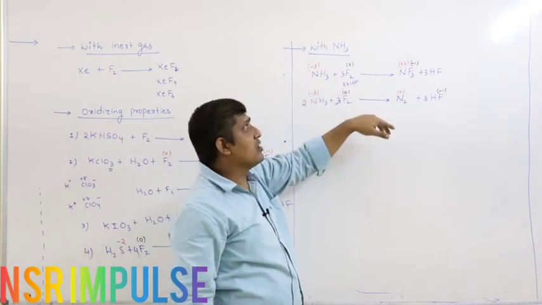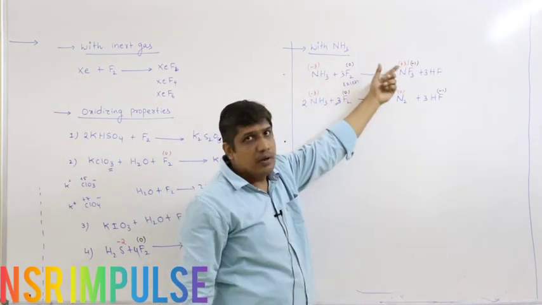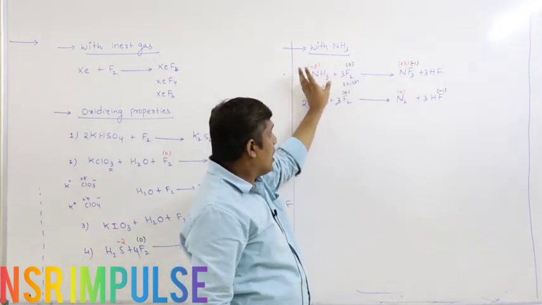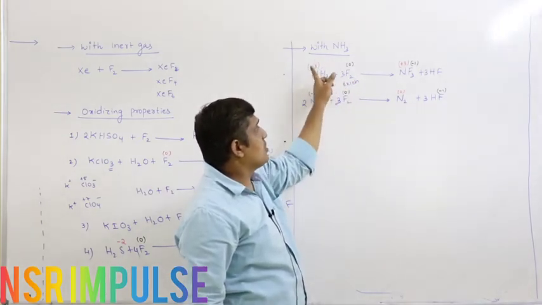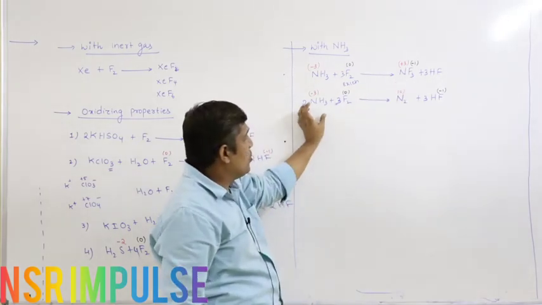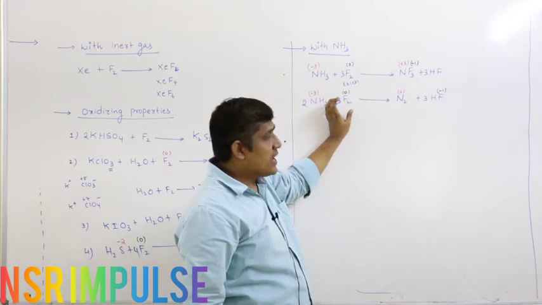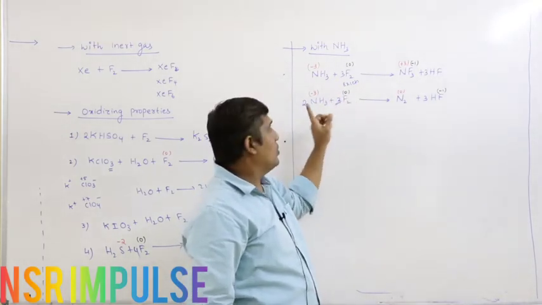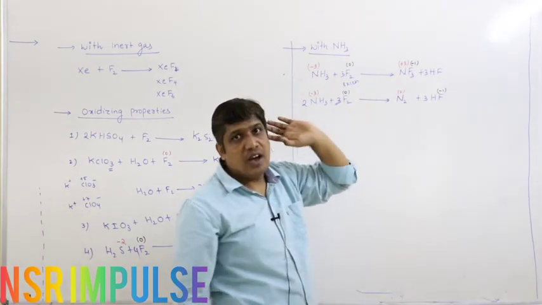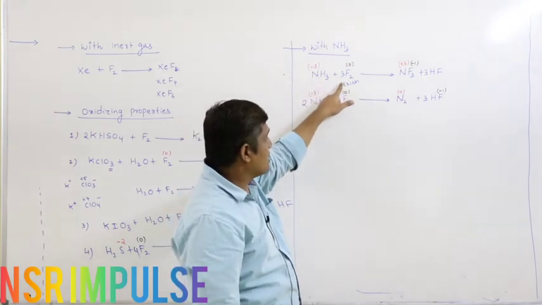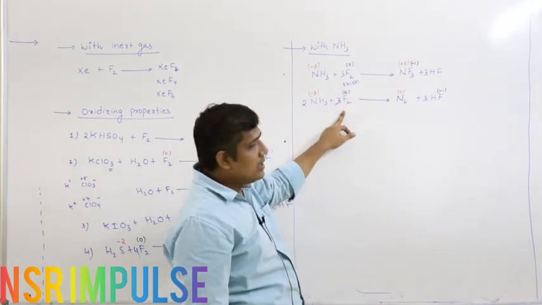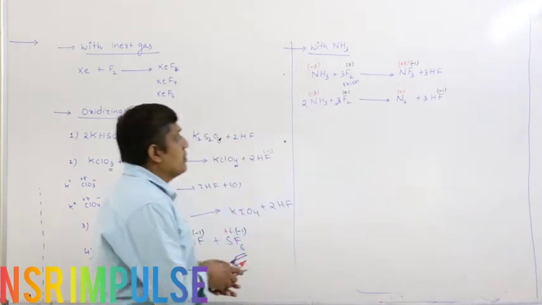That nitrogen can be further oxidized, -3 to 0, 0 to +3. Therefore, the change in the oxidation state is high. So, when ammonia reacts with excess fluorine, nitrogen is oxidized to higher oxidation state, resulting in the formation of NF3. If excess ammonia reacts with fluorine, fluorine is present in less amount, therefore nitrogen will be oxidized not to a higher oxidation state, but to an intermediate oxidation state of 0. So when ammonia reacts with excess fluorine, you will get NF3. When excess ammonia reacts with fluorine, you will get N2. That is how you have to remember.